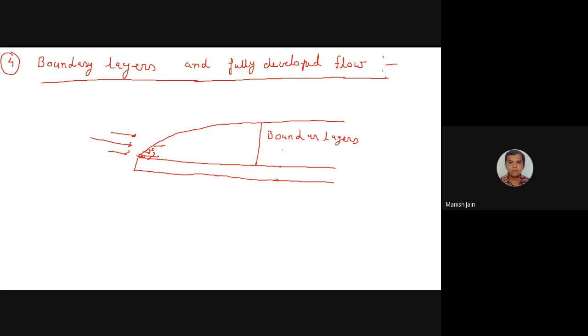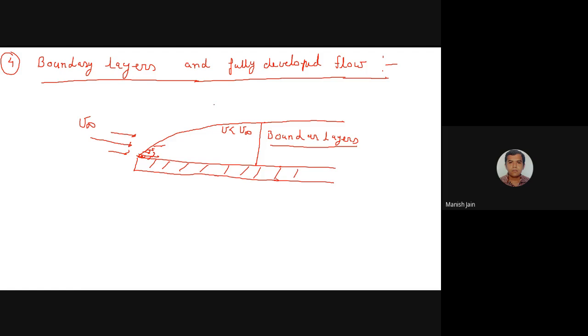The boundary layer is the region where the flow of the fluid is influenced by the solid boundary. So this is the solid surface, and suppose here the fluid velocity is v infinite. Where the velocity is less than v infinite, there you have the boundary layer, because in this region the fluid velocity is influenced by the presence of the solid surface.